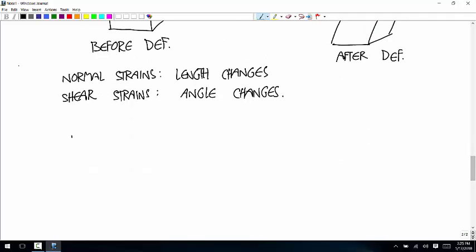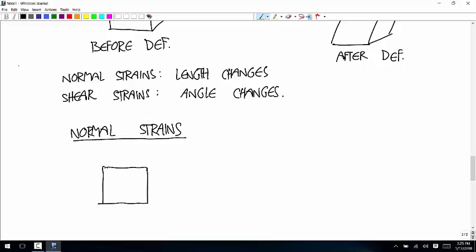I'm going to start with normal strains. So I'll start with a square in the XY plane.